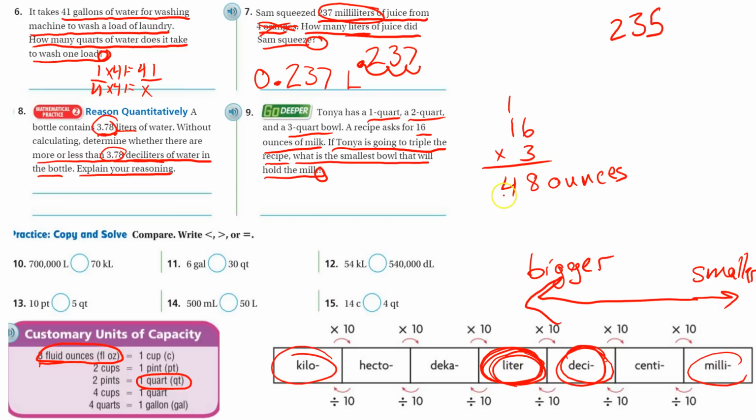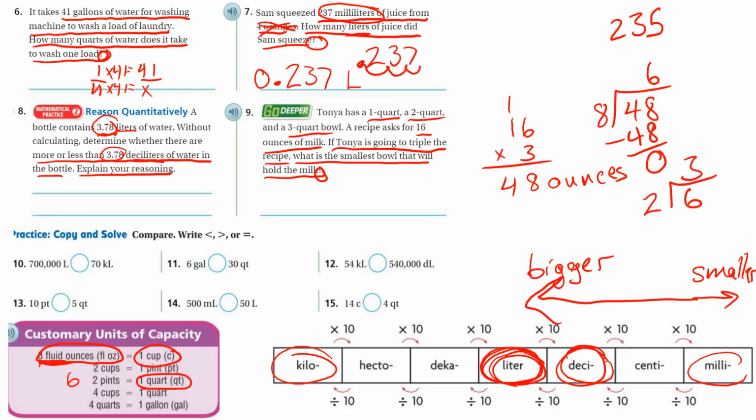So let's see how many cups we have: 48 ounces divided by 8 fluid ounces gives us our cups. That's 6. That works perfectly. So now we have 6 cups. How many pints? There are 2 cups in each pint, and we have 6 cups, so we would have 3 pints.